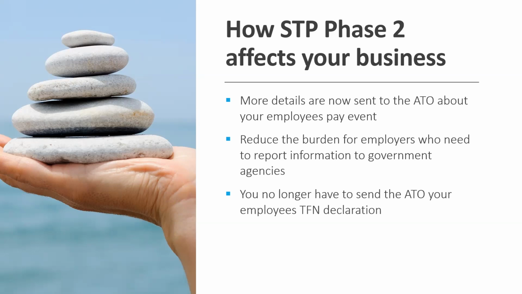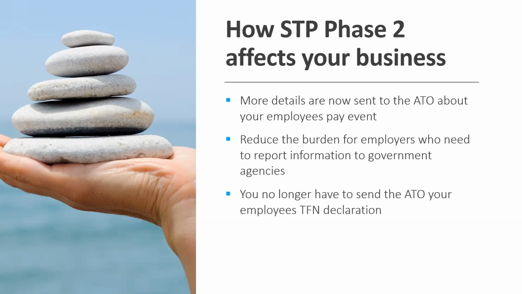And another key thing that will affect your business is that through Single Touch Payroll Phase 2, you will now be able to voluntarily report child support deductions or garnishees. Previously, a deduction report had to be submitted on behalf of an employer to the relevant support agency when they deduct child support from employees' pays.